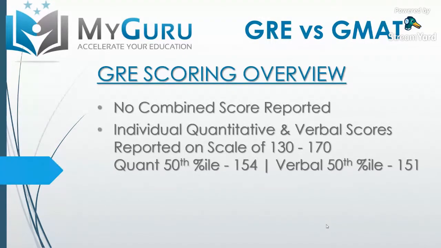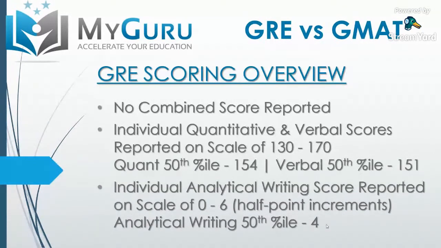You can see here that a 50th percentile on the quantitative side of the exam is going to be a 154, and the 50th percentile for the verbal is going to be a 151. So similar to the GMAT, you have a higher average score on the quantitative side than the verbal. Just the usual kind of breakdown there.